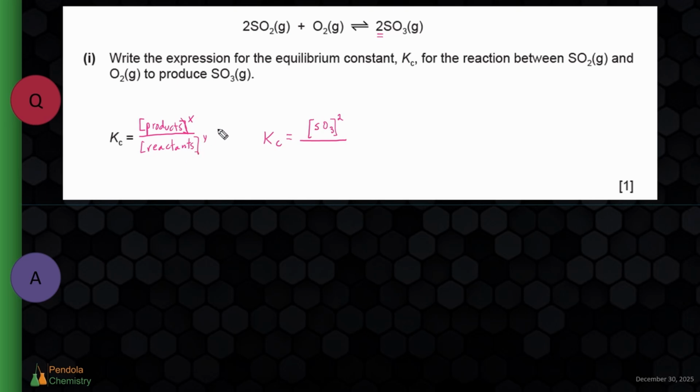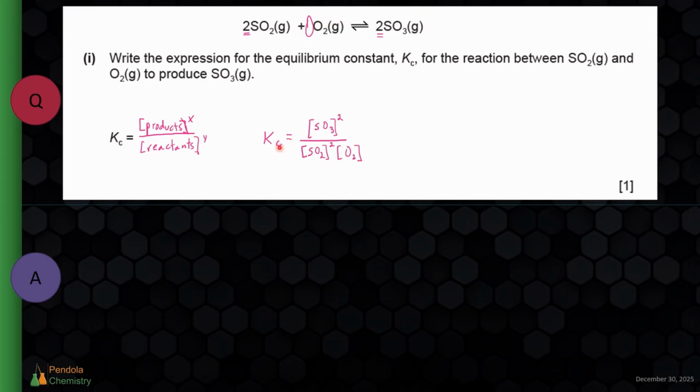The reactants here are SO2, so we're going to have the concentration of SO2, and the coefficient for SO2 is 2, so SO2 squared, times the concentration of O2, which is the other reactant. And this is to the first power because there is no coefficient in front of the O2.